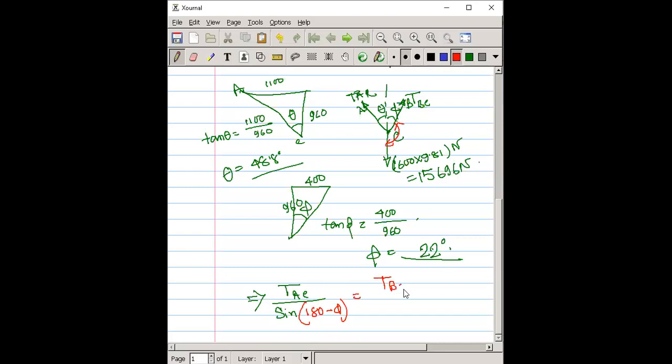And T of BC divided by sine of 180 minus theta, and this one is 15696 divided by sine of theta plus phi. Is it clear? Is it clear, everybody? Any question? Anyone have any question?